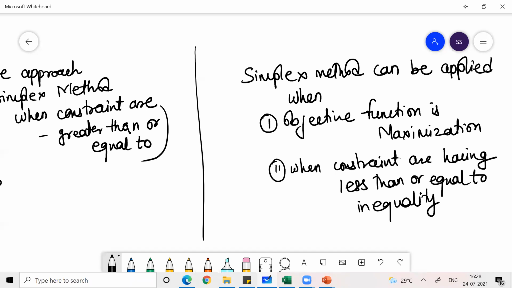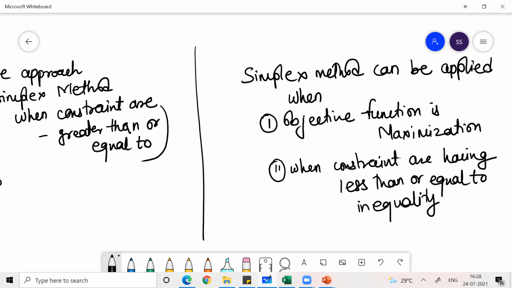You can use the simplex method in these two conditions: when your objective function is maximization and when your constraints have a less than or equal to inequality.